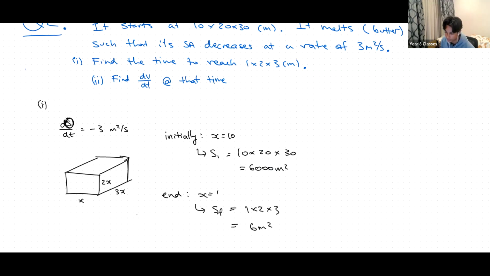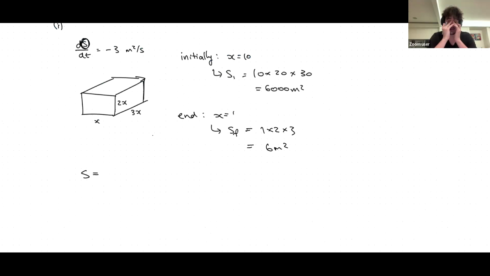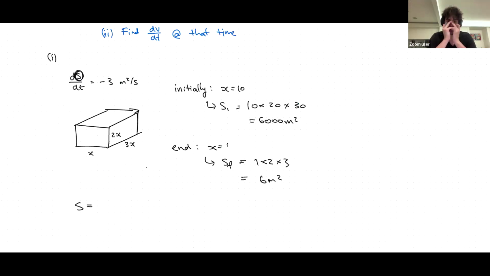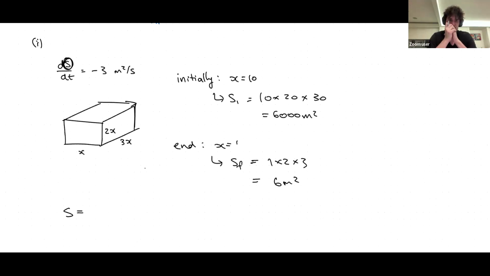What's a way of expressing our surface area in terms of this x? Like 1x times 2x times 3x. So that's volume. Oh, surface area. Yeah, right. Hold on. The whole block's surface area.